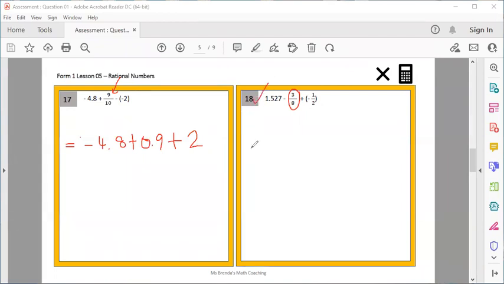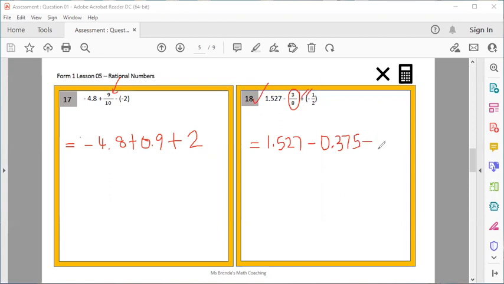That's for number 18. So what I must do now, I copy back 1.527 minus, look at your calculator, right? Type there 3 divide by 8. What do you get, guys? You should get 0.375. Okay? Plus with, okay, not plus, because here positive and negative means it will be a negative.